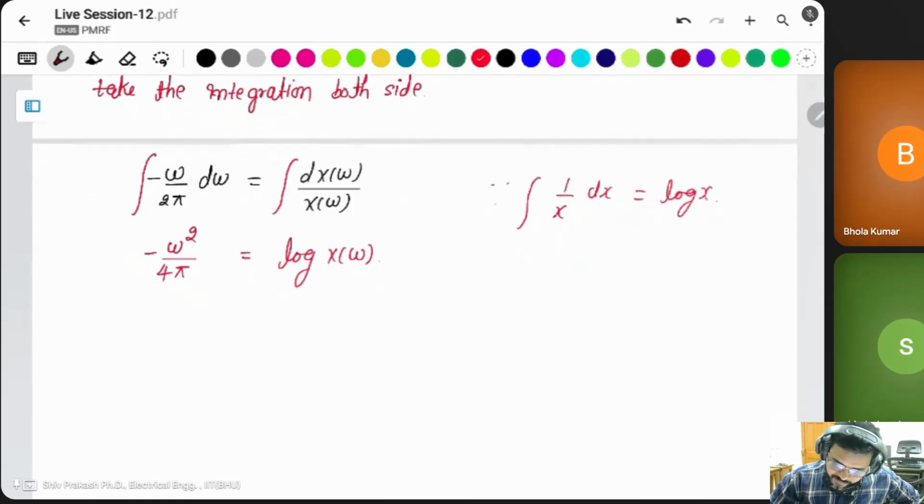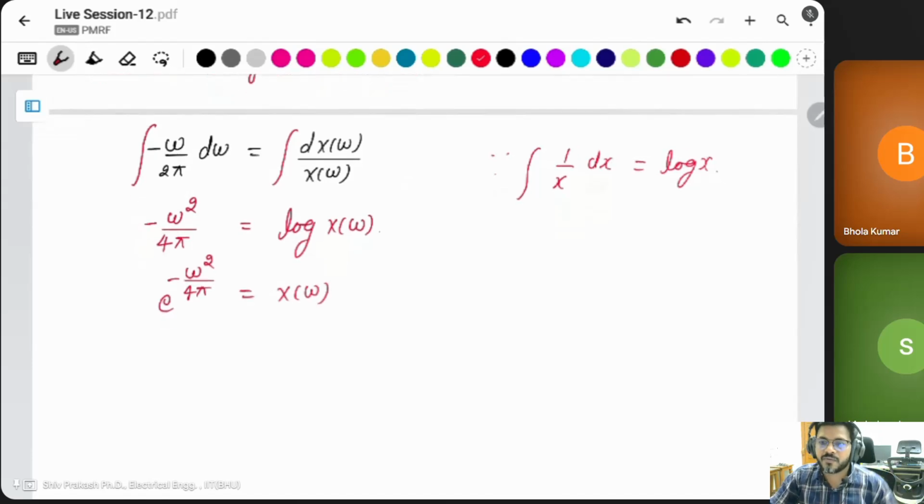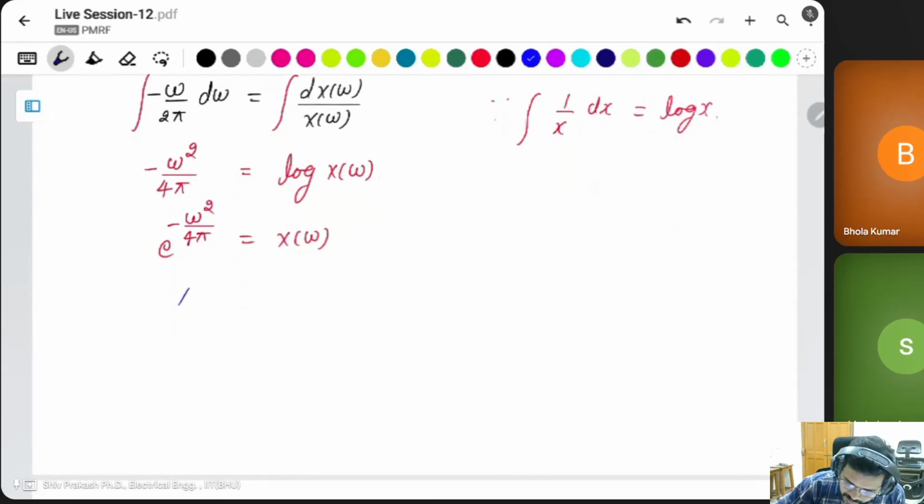Now you can take anti-log on both sides. Then X(omega) is equal to e to power of minus omega square divided by 4 pi.